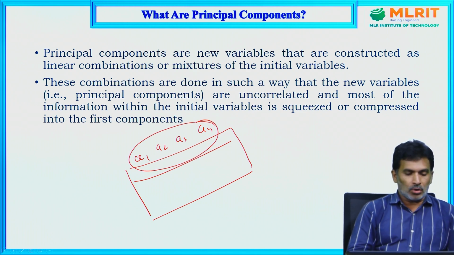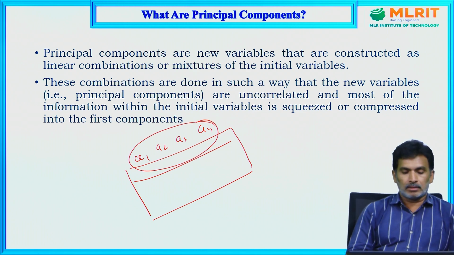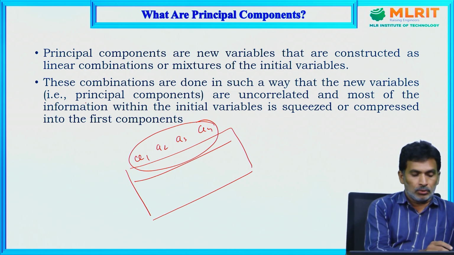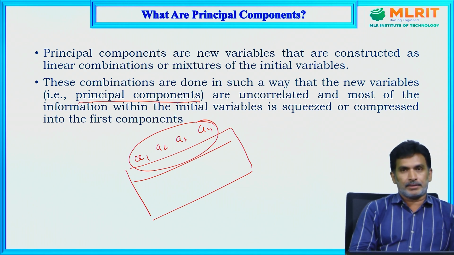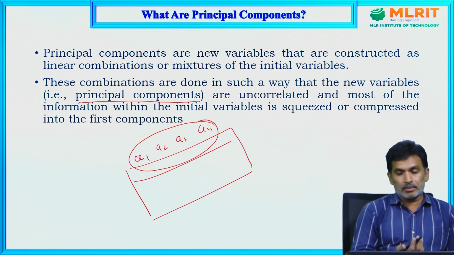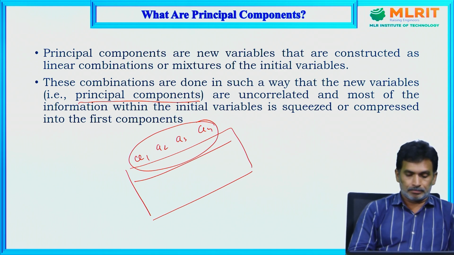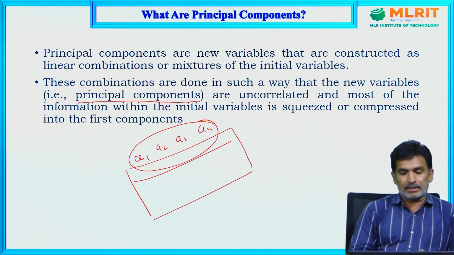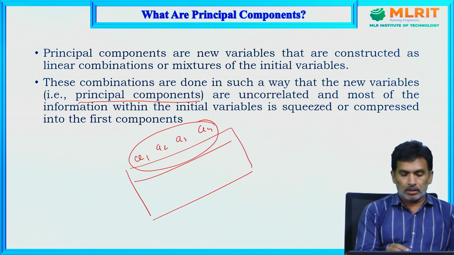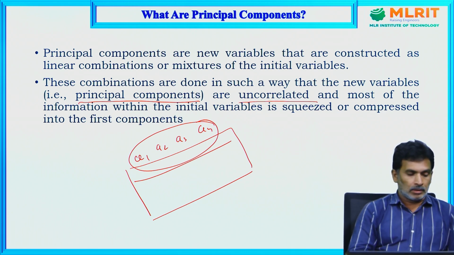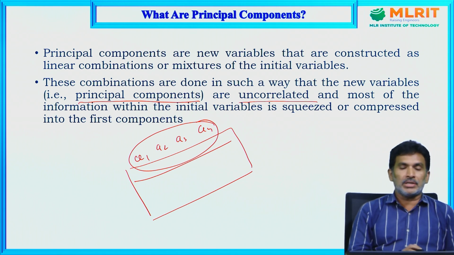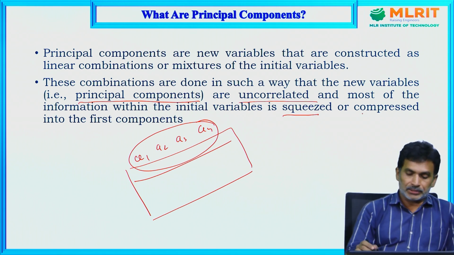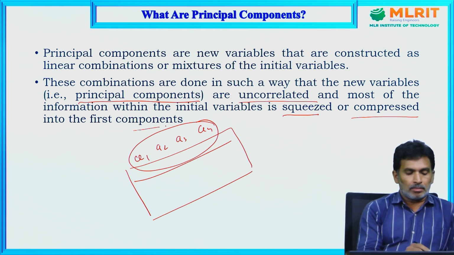The set of new variables are the principal components. These combinations are done in such a way that the new variables are uncorrelated and most of the information within the initial variables is squeezed or compressed into the first components.